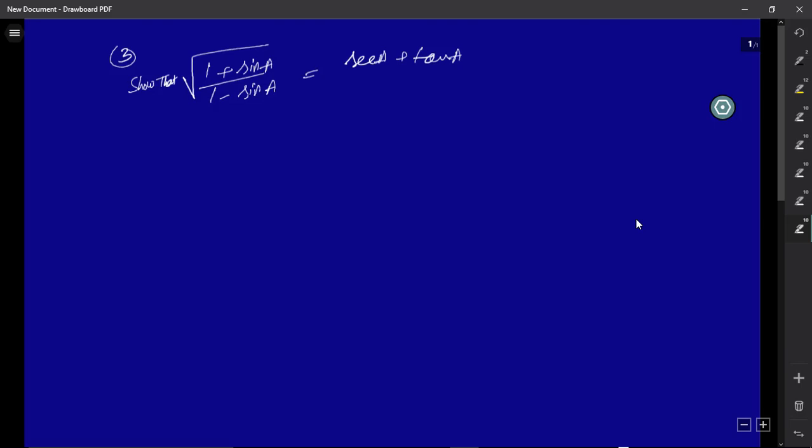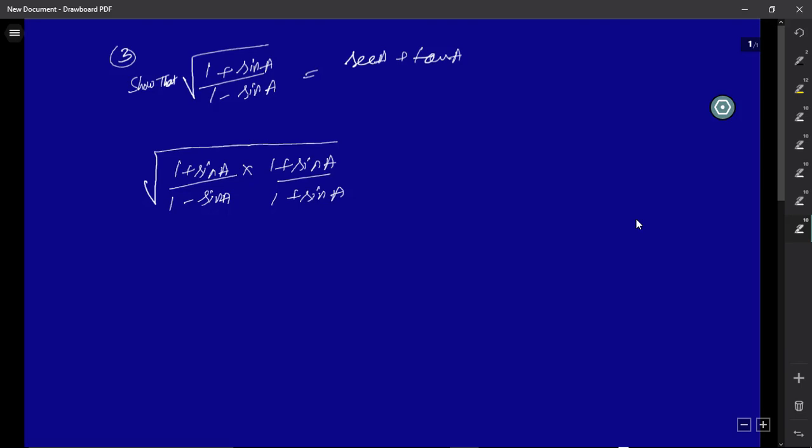Okay, let's start working on this. This is pretty simple. (1 plus sine a) by (1 minus sine a). You just have to remember the denominator is 1 minus sine a, so I'll have to multiply and divide by 1 plus sine a.